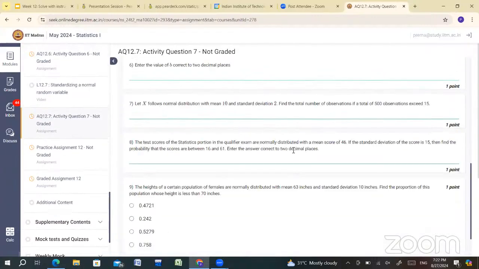7th question. Here it is given that x follows a normal distribution with mean 10 and standard deviation 2, and find the number of observations if a total of 500 observations exceed 15.